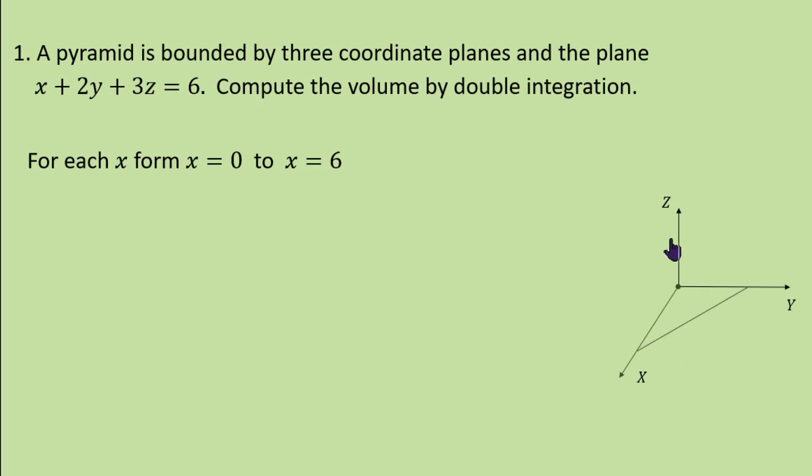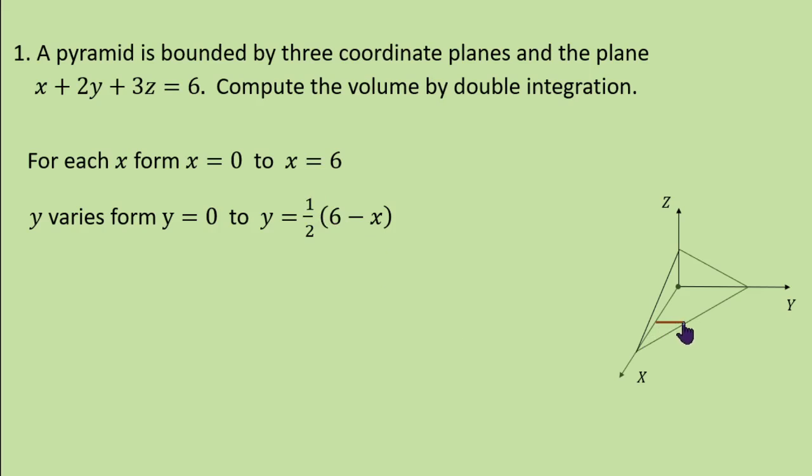This is the line with z coordinate 0 in this plane, that means x plus 2y is 6. So y is half of 6 minus x. Y varies from 0 to half of 6 minus x.